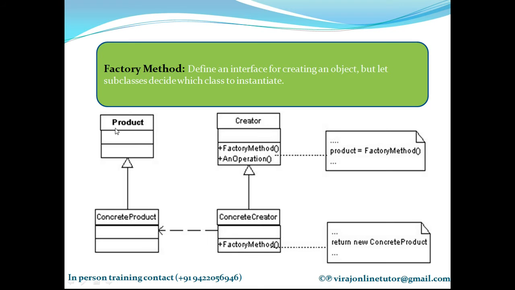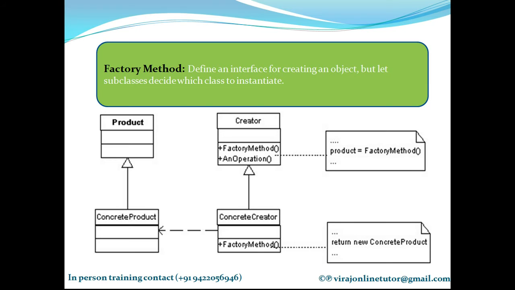That is because the return type in a factory method always has to be of the abstract class. Please remember that. In factory method, the return type always has to be of the placeholder, of the abstract class. Whereas inside the function definition, you can return whichever concrete product you want.